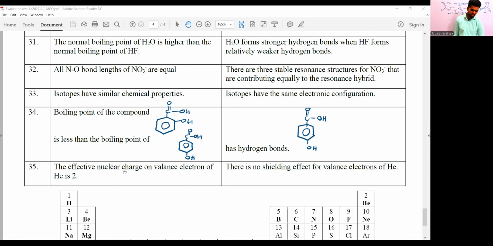Isotopes have similar chemical properties. Yes, isotopes are having similar, identical, sometimes no difference in chemical properties. Why? Because isotopes are having the same electronic configuration. So the first statement is correct due to the same electronic configuration.